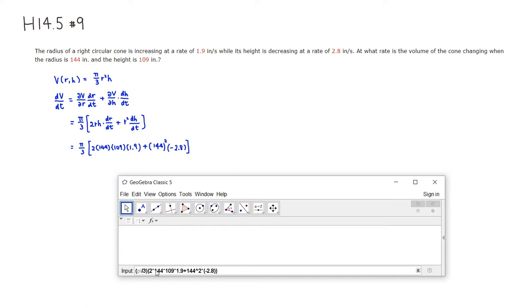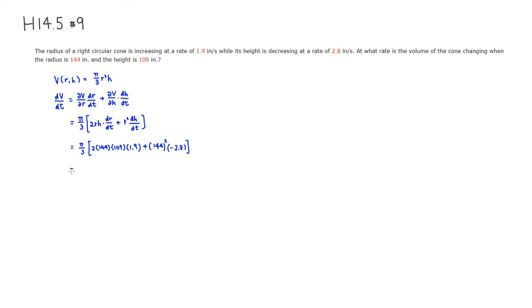All right, and hit enter. It came out to be 528 pi. So this is going to be 528 pi.